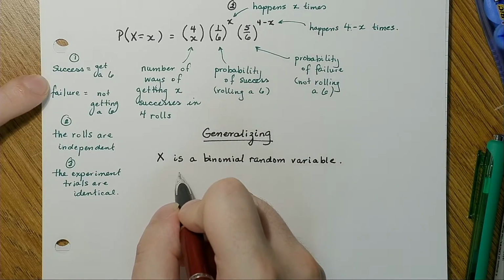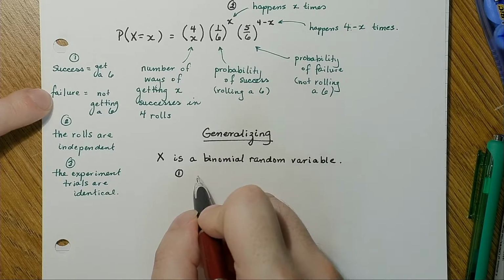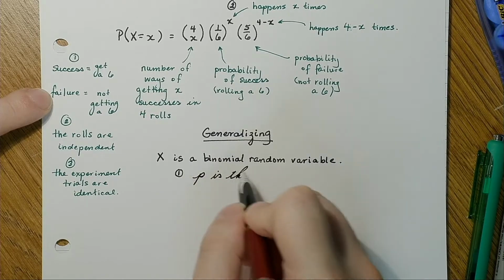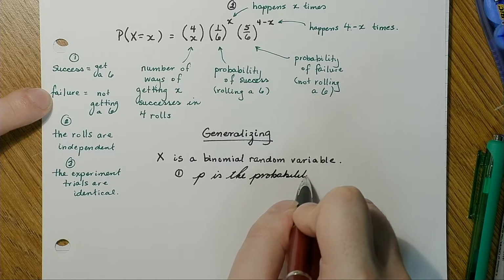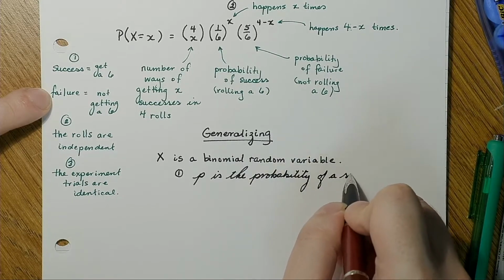Number 1, we'll say that P is the probability of a success.